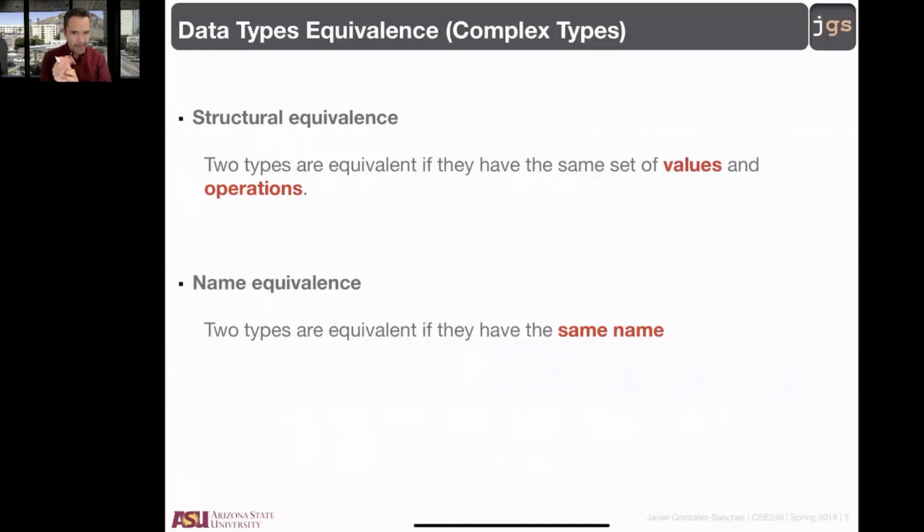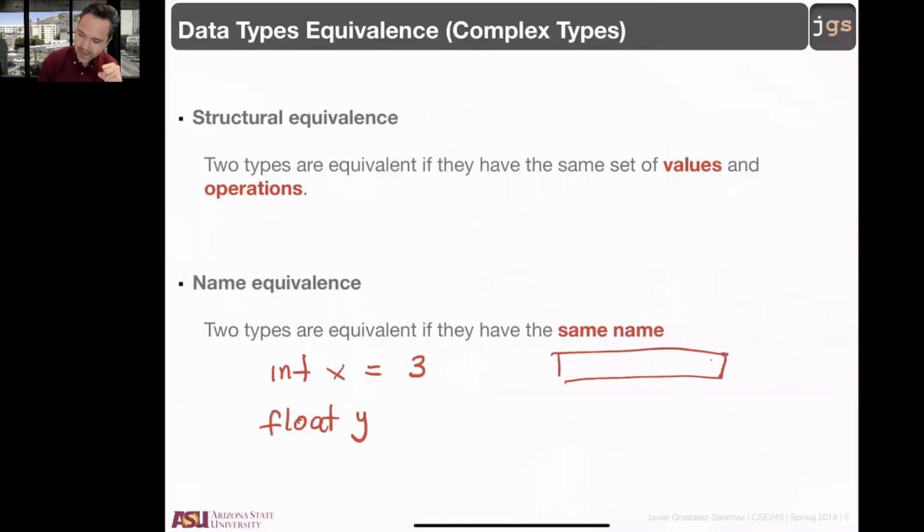Now, when you have variables from different data types, like, again, I have an integer x, and I have a float y, and I put here a 3.